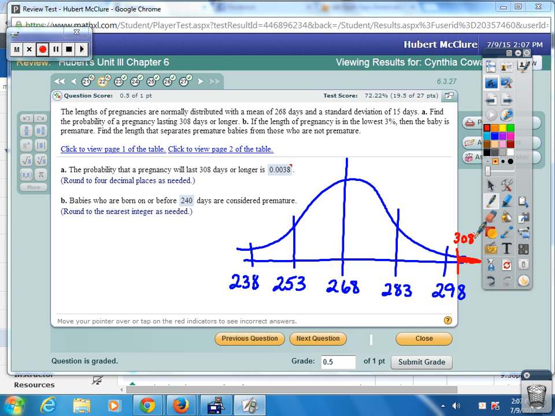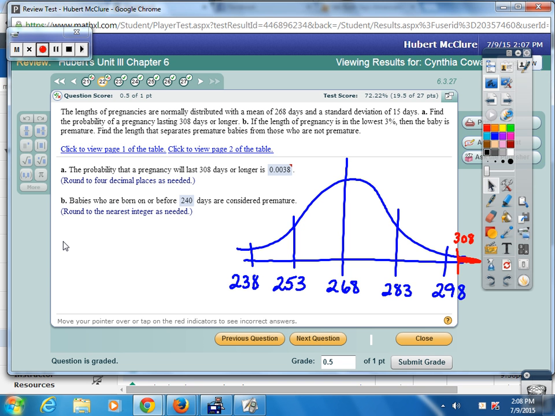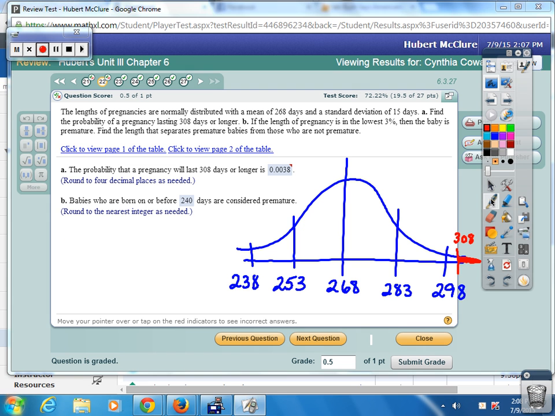Uh-oh, we got to find the what? What do we got to find if we want to find an area? What do we got to have? Z-score. So Z, work with me please. Z at 308 is equal to 308 minus 268 over 15.